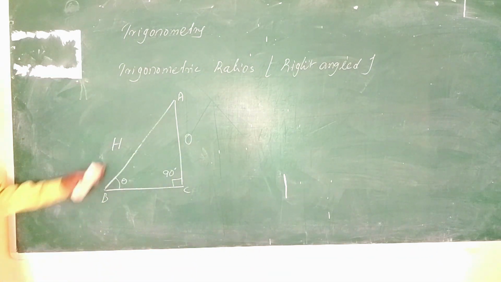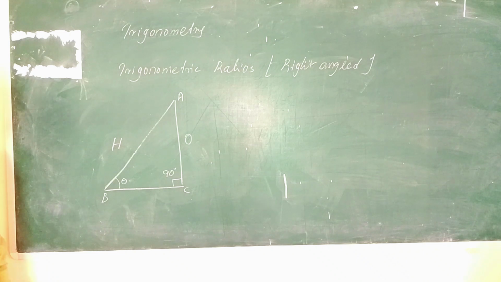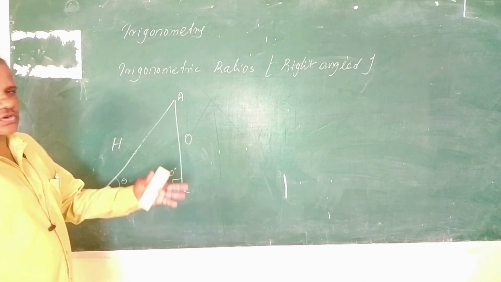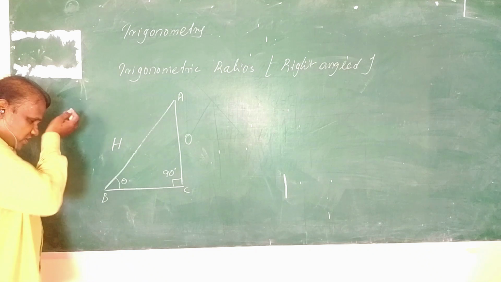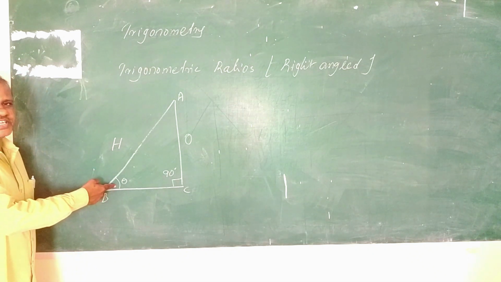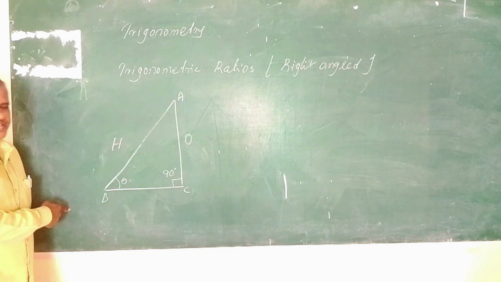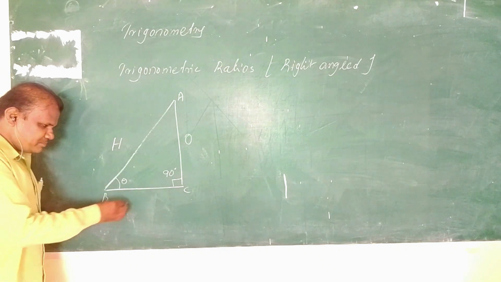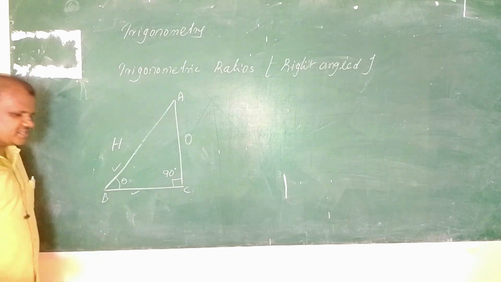So we have the hypotenuse and the opposite side. Then another side we have to identify is called the adjacent side. What is meant by adjacent? With respect to this reference angle theta, the adjacent side may be this one or this one.